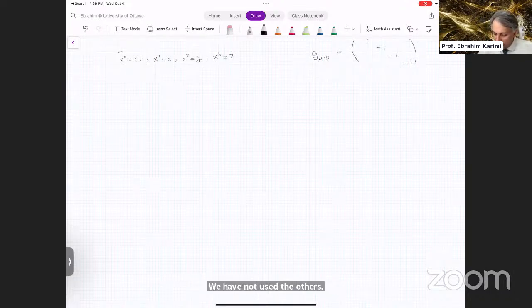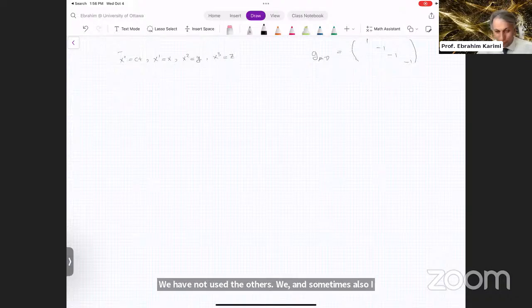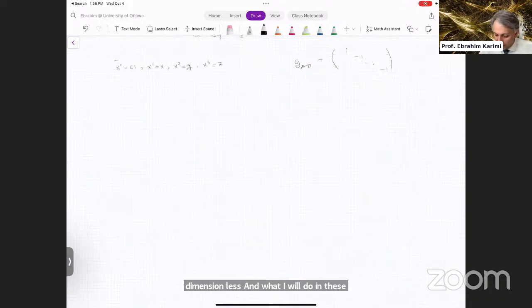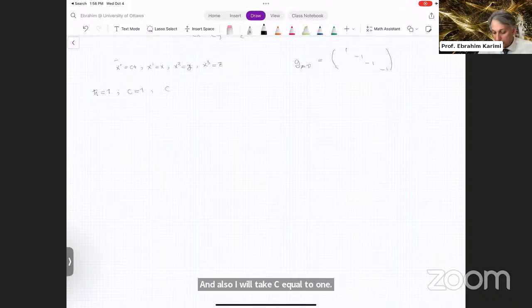Sometimes I also like to go with dimensionless coordinates. In this case, I will take h bar equal to 1, and also c equal to 1, as well as epsilon and mu. You can always recover the factors and the scale.